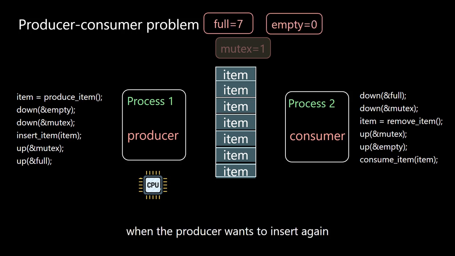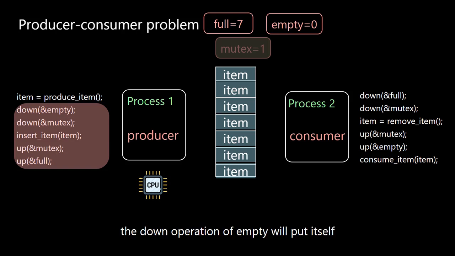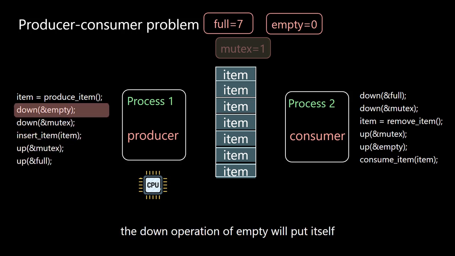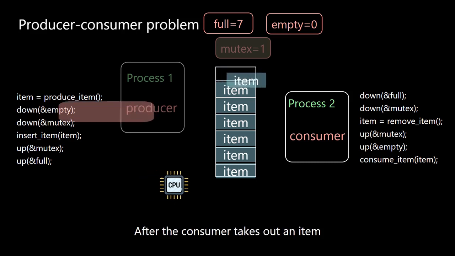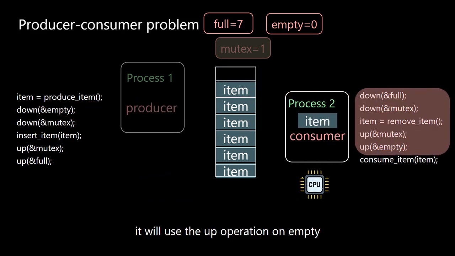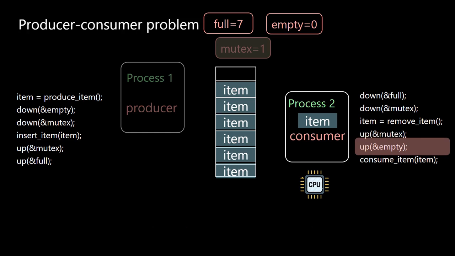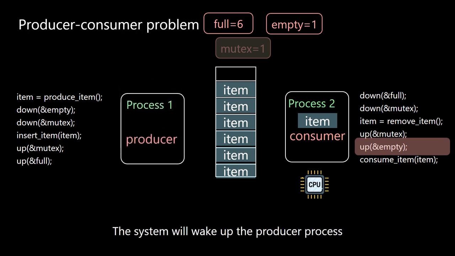Next, when the producer wants to insert again, the down operation on empty will put it to sleep and wait. After the consumer takes out an item, it will use the up operation on empty. The semaphore changes from 0 to 1. The system will wake up the producer process and it continues working. The same goes for consumers.